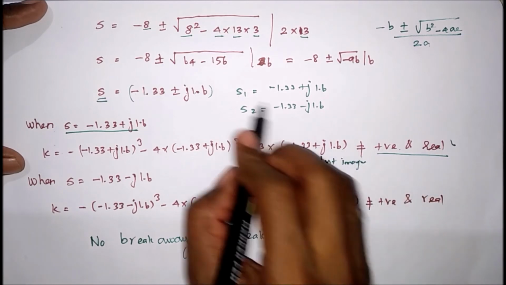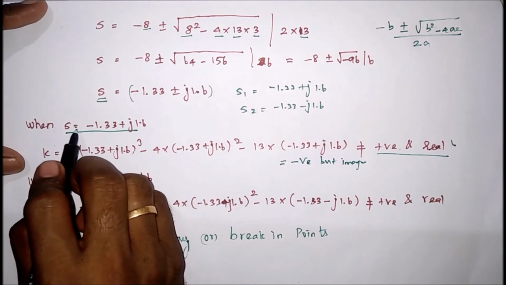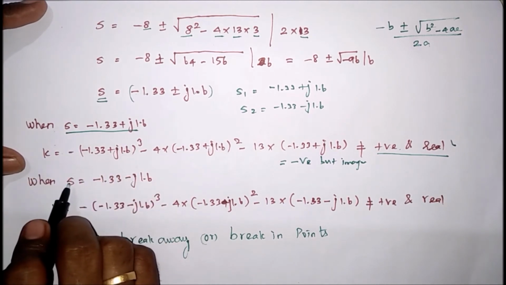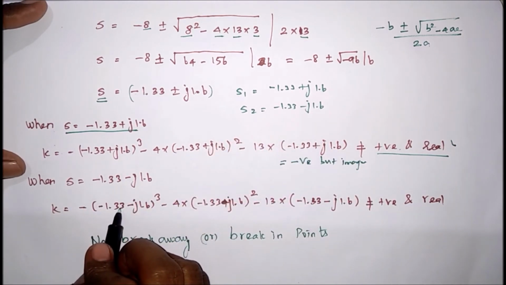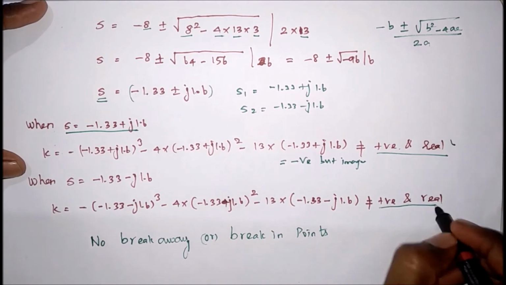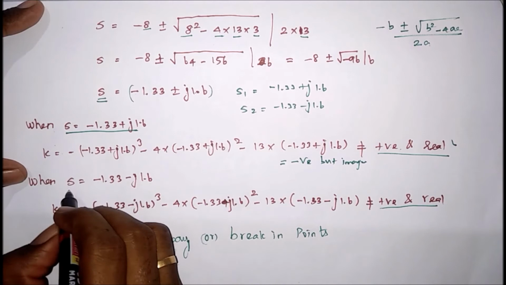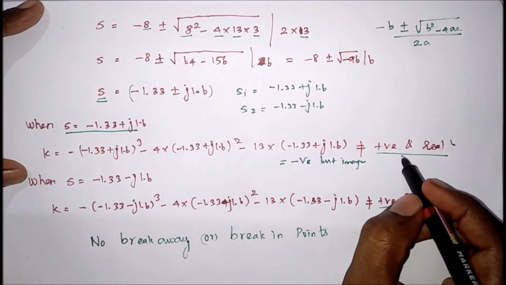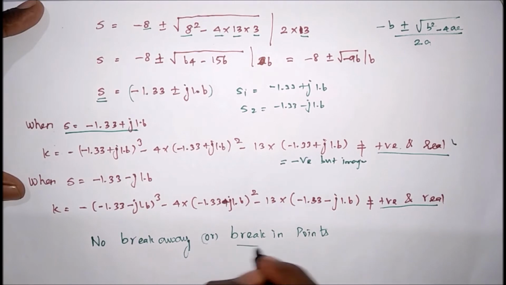But for the first s value, we will not get positive and real. Therefore, this s point is not a breakaway or break-in point. Then we take the next s value and substitute into the same k. Again, we will not get positive and real. So both s1 and s2 are not positive and real. Therefore, in this problem there is no breakaway or break-in points.